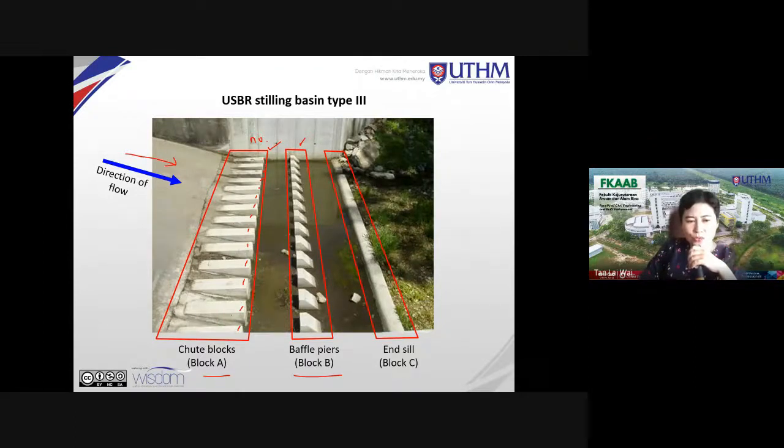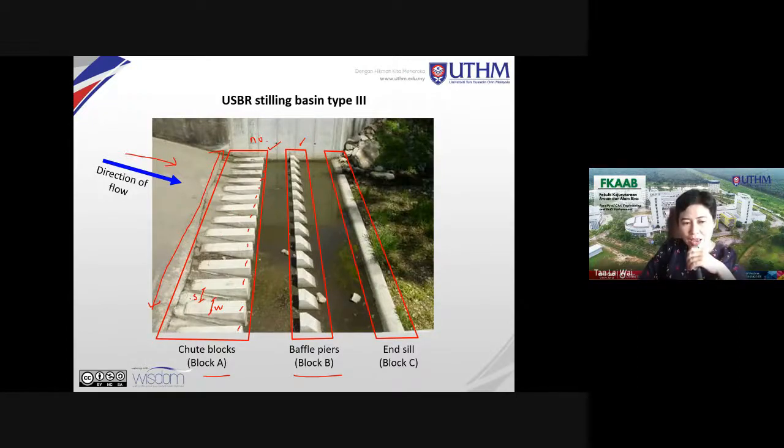Basically, once you have determined the width of the blocks and the space, let's call it W plus S, that would give you one set of chute blocks. So when you divide the width of your spillway by S plus W, you get the number of chute blocks that you are going to place.